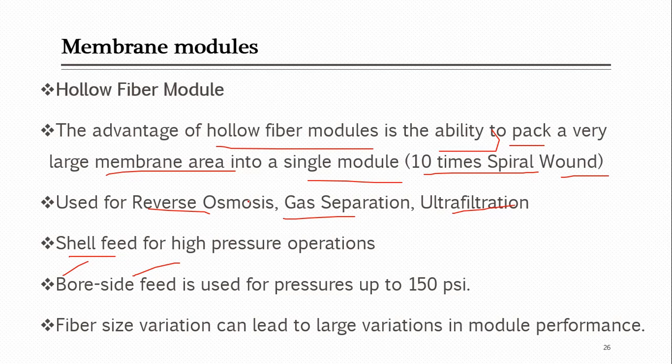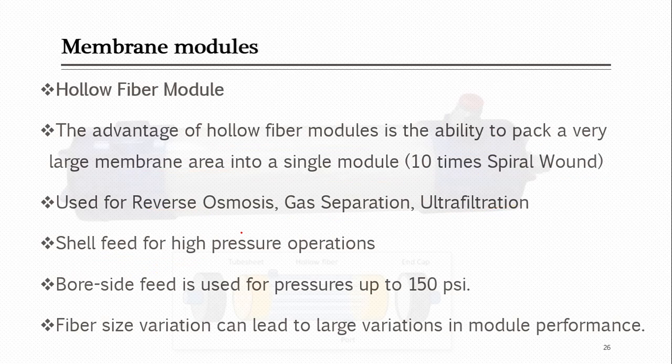But if you reduce their diameter, you can pack more hollow fibers, and the area available for separation will increase. By the way, just look for the reason why shell side is used for high pressure operation in these membranes. Just explore this kindly.